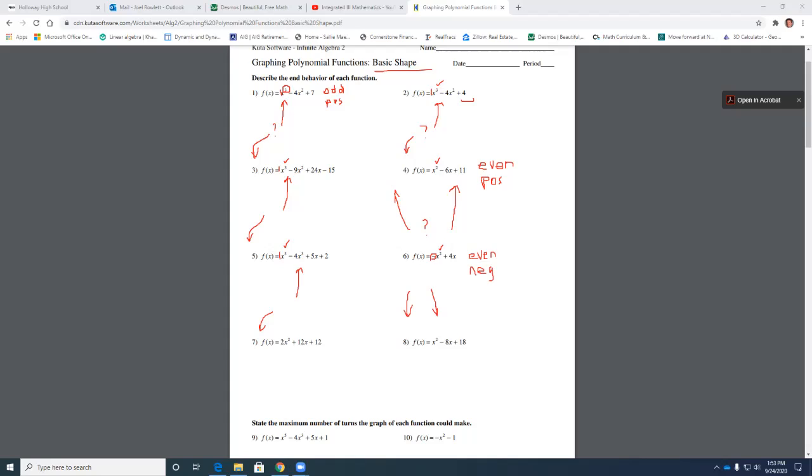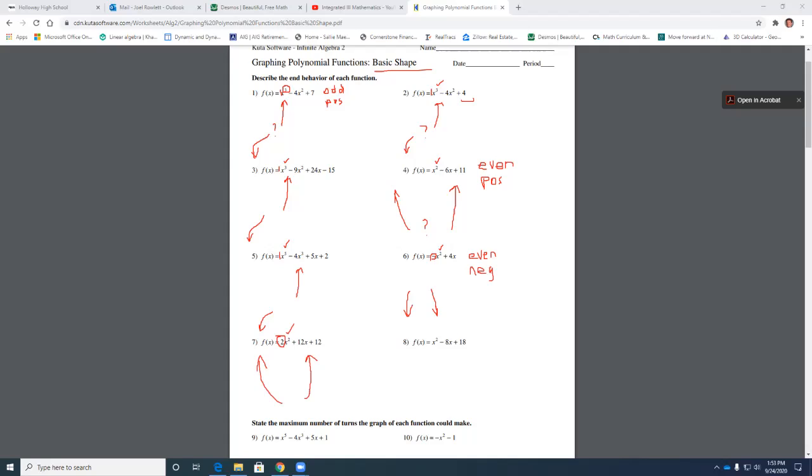Okay, looking at problem number 7. Notice that the highest exponent is even, so it's an even function, and the leading coefficient is a positive 2. So I know it's going to be up on the left and up on the right. So it's up, up. Remember, if it's an even function, the tails go in the same direction.